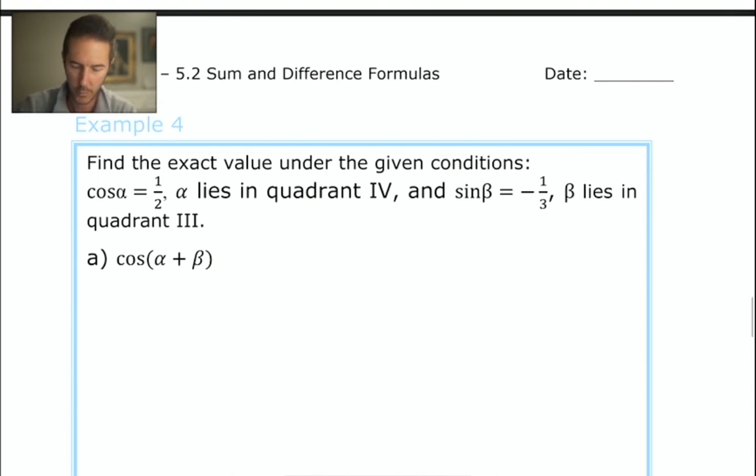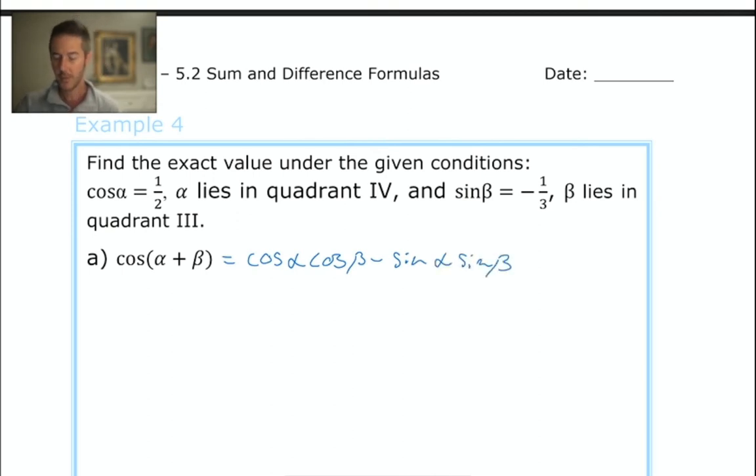It's equal to cosine cosine minus sine sine. And then we're going to have to figure out a way to evaluate the cosine and sine of alpha and beta.